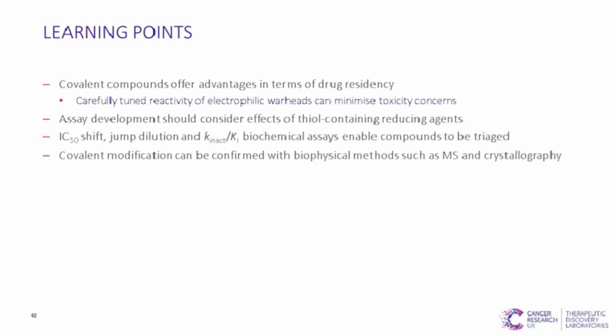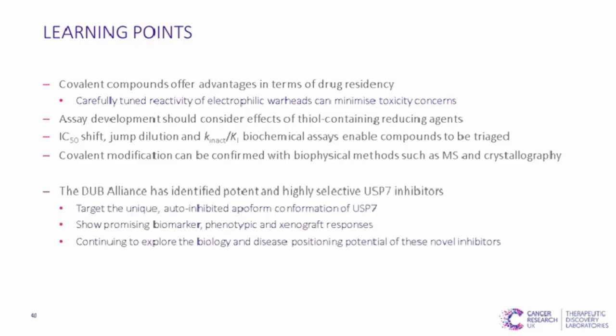Covalent modification can be confirmed with biophysical methods, such as mass spectrometry and crystallography. And the DUB Alliance has identified potent and highly selective USP7 inhibitors which target the unique auto-inhibited apo form of USP7. These show promising biomarker, phenotypic, and xenograft responses, and we're continuing to explore the biology and the disease positioning potential of these novel inhibitors.